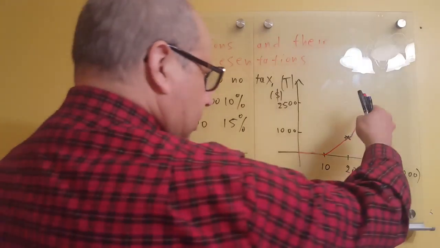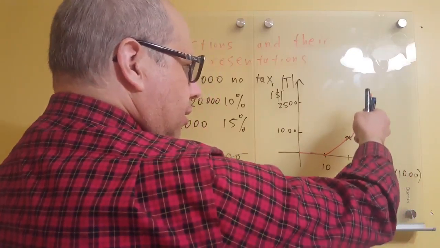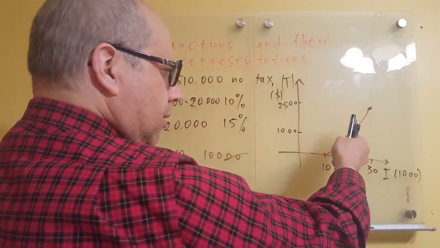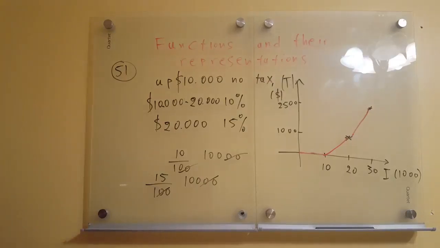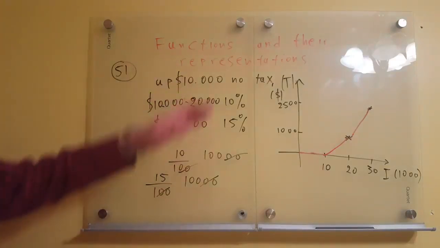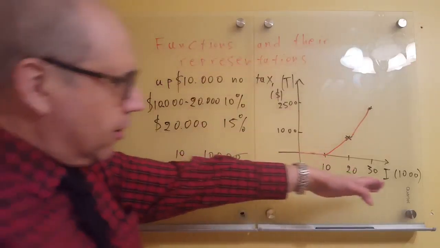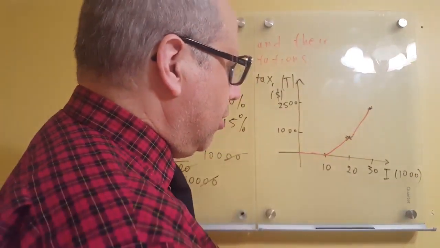So it's supposed to be this here a little bit more steep than this line here. So that's the graph of the actual tax in terms of the income of the person.